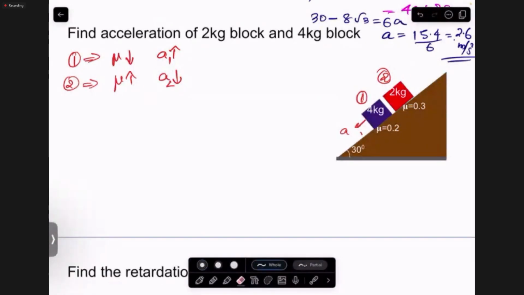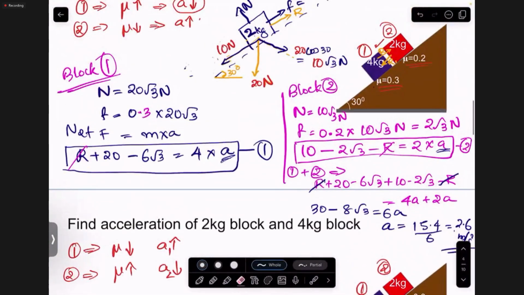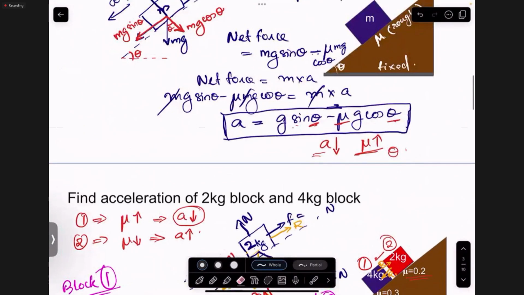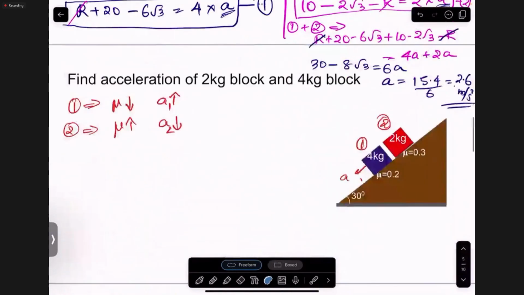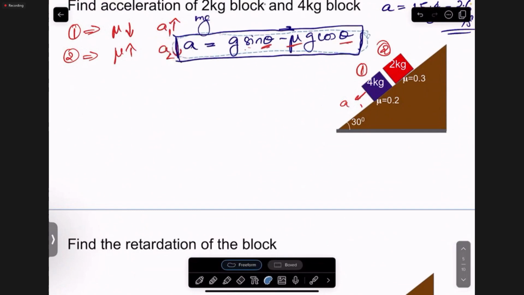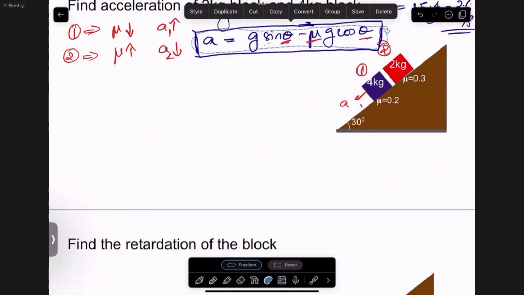Either you can draw the free body diagram and get this value, or else you can directly use this equation, A equals g sin theta minus mu g cos theta. You can directly use this equation. So how will you get this?